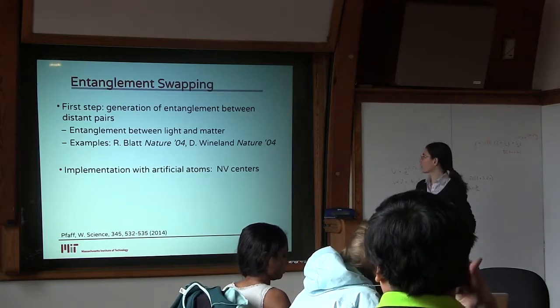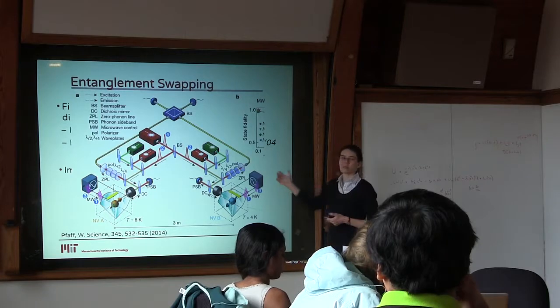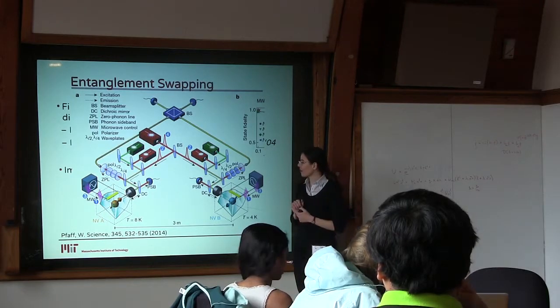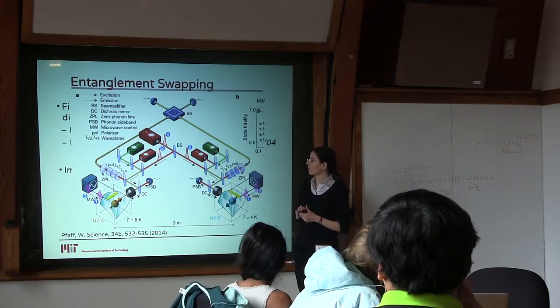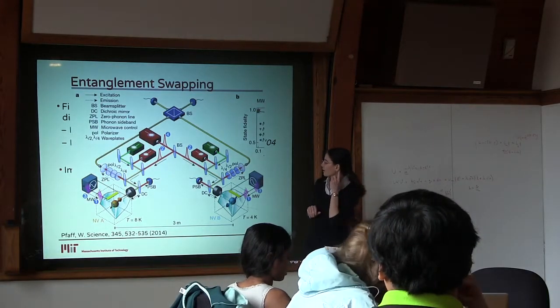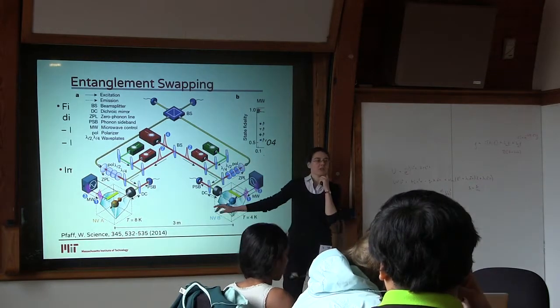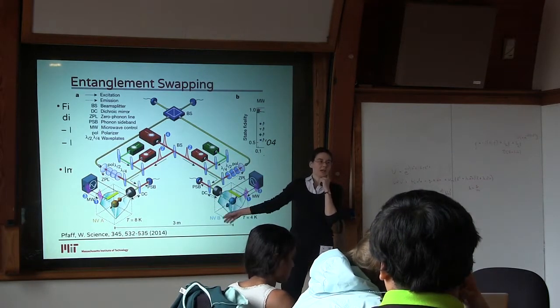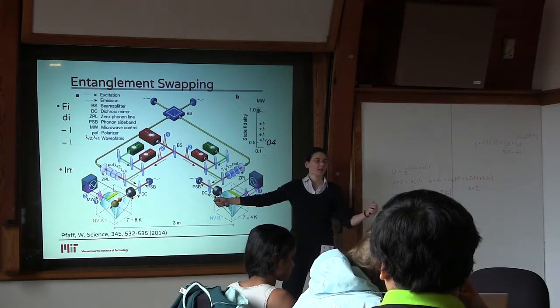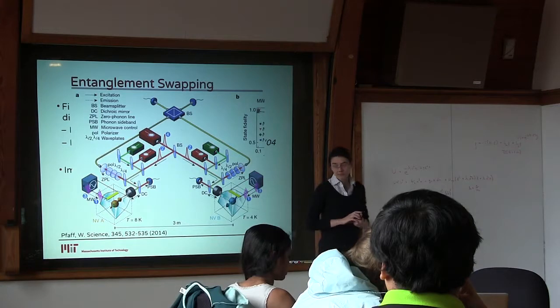There has also been a recent result, and just because the picture is nice, this is a picture from the Hanson group in Delft. They achieved entanglement between two NV centers, which were in two different cryostats.